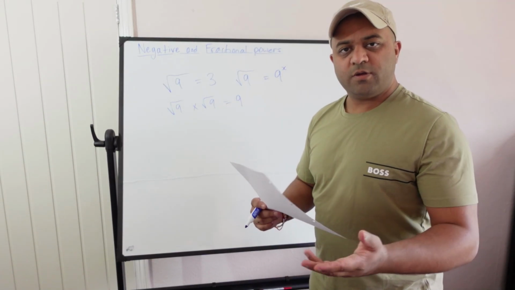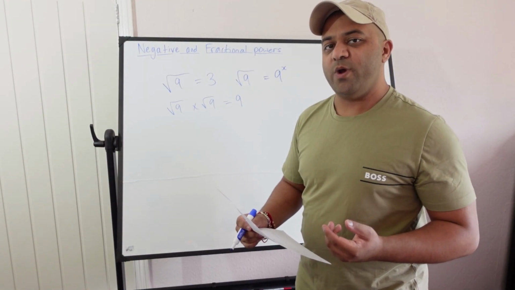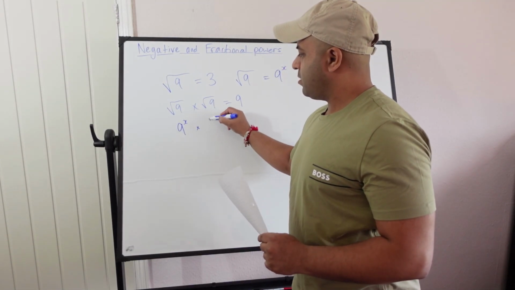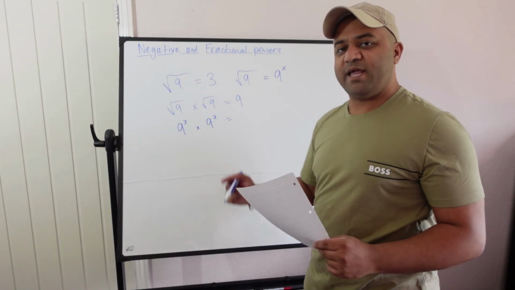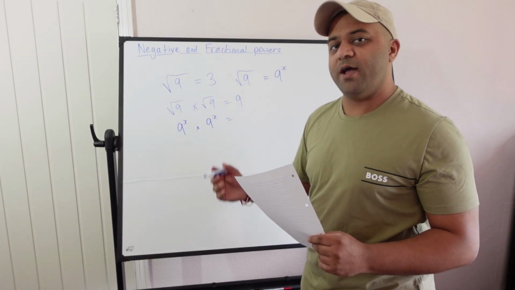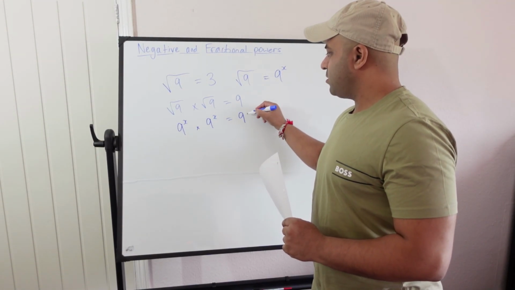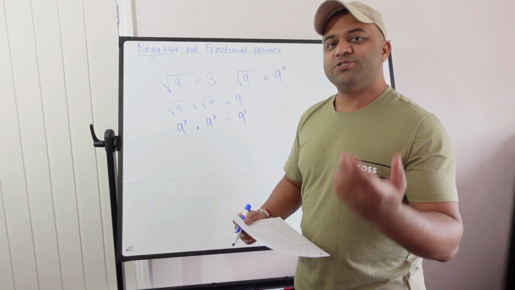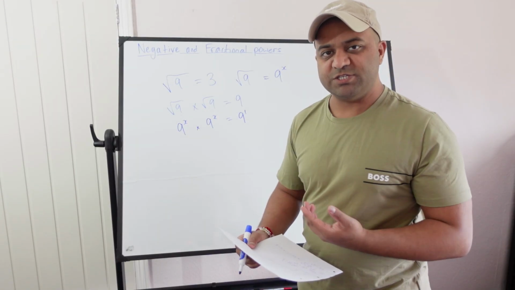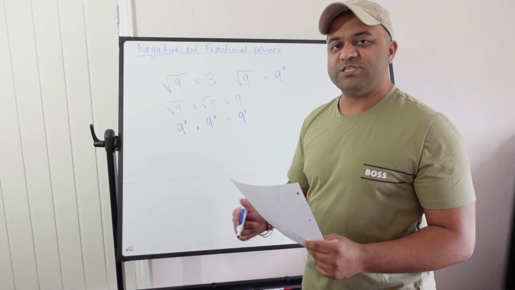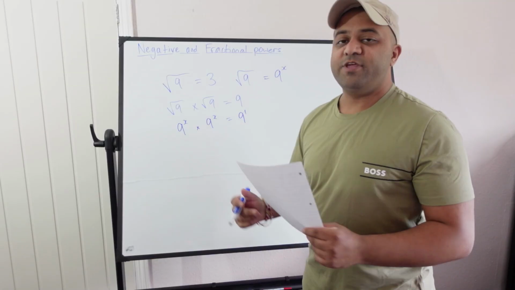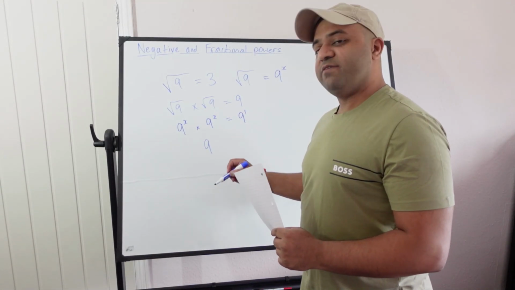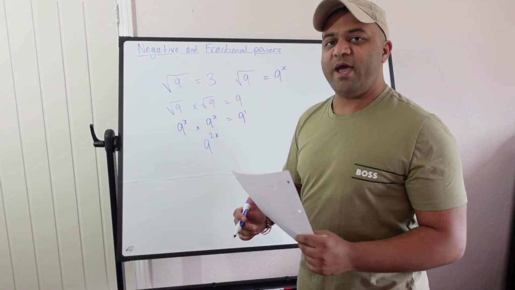Now, let's replace the square root of 9 with the unknown power. And let's replace the regular number 9 with 9 to the power of 1. As we know, anything to the power of 1 is itself. So, using our laws of indices, on the left side, we can see that we should add these two powers together, x plus x, which gives us 2x.